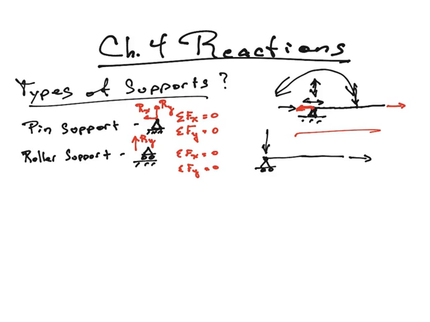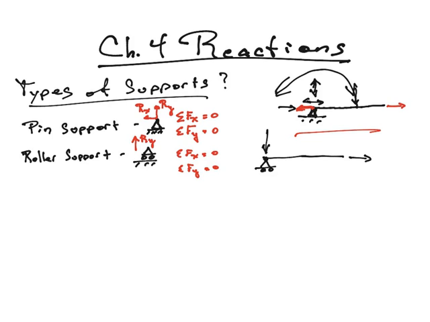That means in the horizontal direction, you will not have a reaction, but in the vertical direction, you will, because you can't push this thing down through the table. Of course, it's allowed to rotate as well, just like with the pin support. So a roller support, you only have one reaction, and that's in the perpendicular direction. A pin support, you have 2 reactions, the parallel direction and the perpendicular direction.